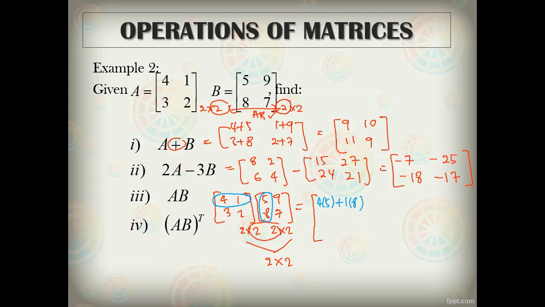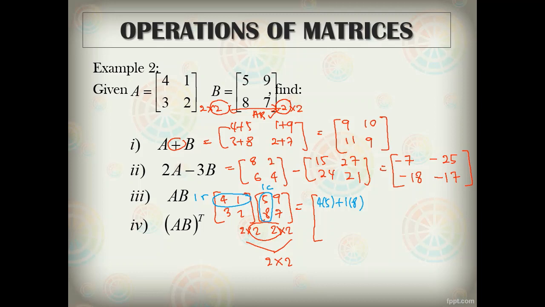This is the first row, first column. So the multiplication of the first row with the first column will be the entry for the first row and first column.